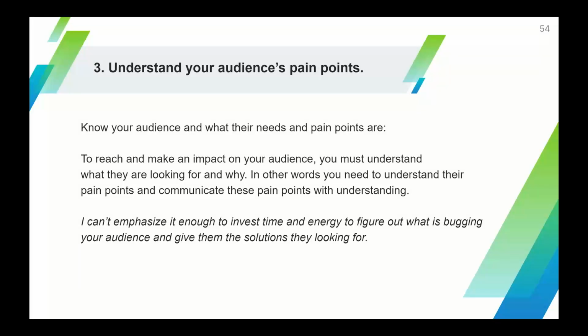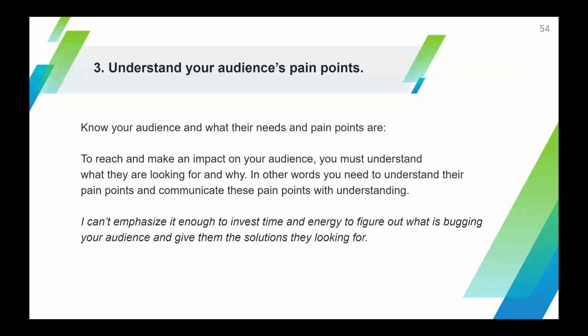Now, in order to get the deal, you need to understand and answer your audience's pain points. Know your audience and what their needs and pain points are. Reach and make an impact on your audience. You must understand what they are looking for and why.